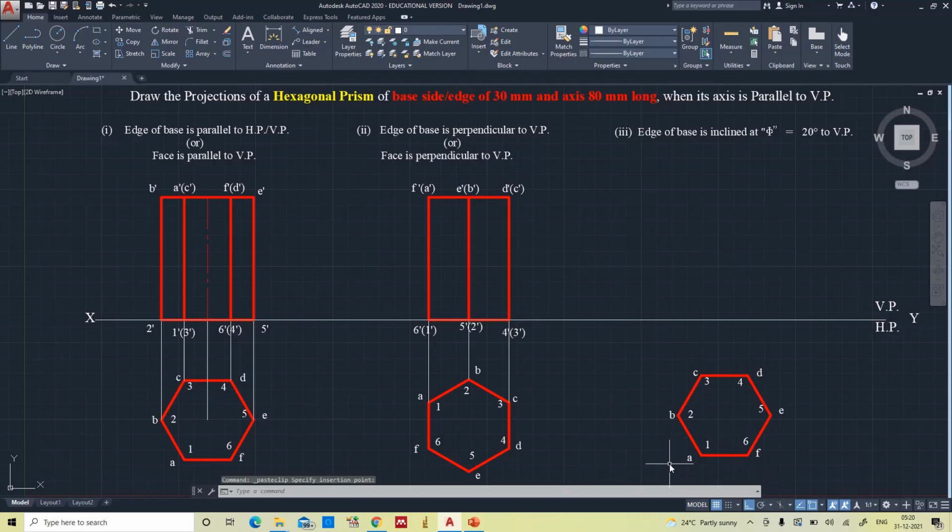Okay, same. Now these two edges, that is CD and AF, are parallel to the vertical plane, which is having angle 0 degrees. So now I am going to rotate these two edges 20 degrees, because BC and BA, DE and EF are having some angles.